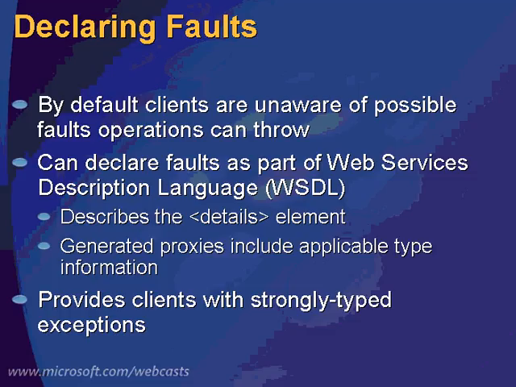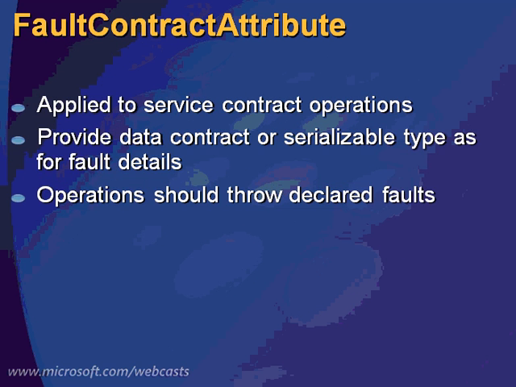And so it's actually completely described in the WSDL, so when the client generates a proxy, and by the way, this is interoperable, it will also generate a copy of the fault type. So if you have a data contract which shares useful fault information with clients, they'll get a copy of that data contract. So it gives them strongly typed exceptions and an intelligent way to handle that.